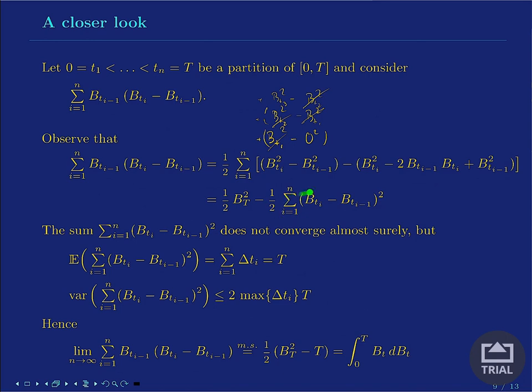So that here is the quadratic variation, and this term is why we cannot actually make, at least almost surely, so pathwise, sense of this approximating Riemann-Stieltjes sums, as this here does not converge almost surely, so for all sample paths.